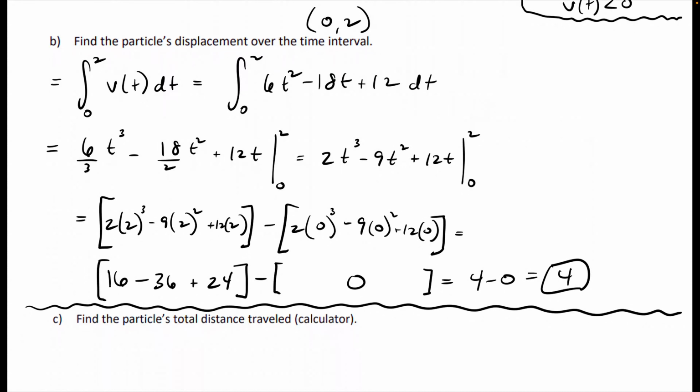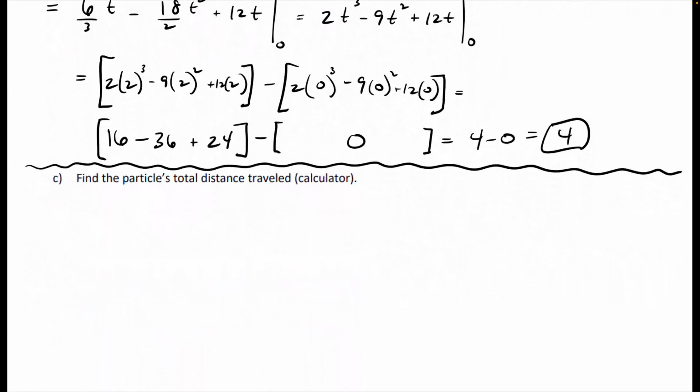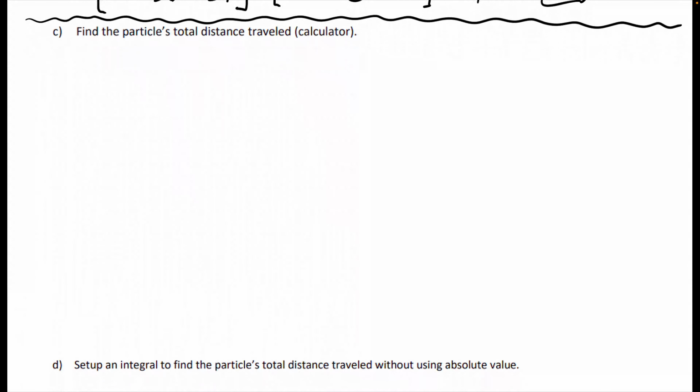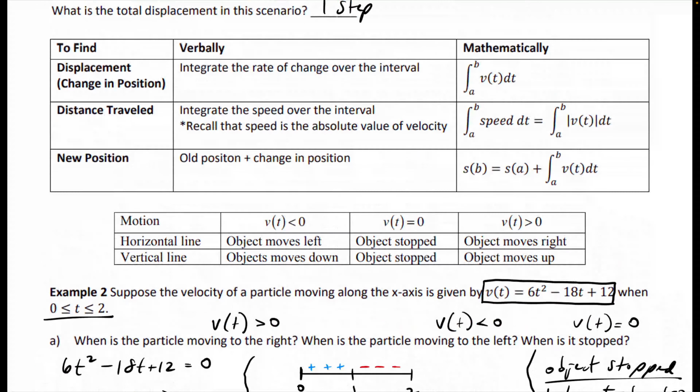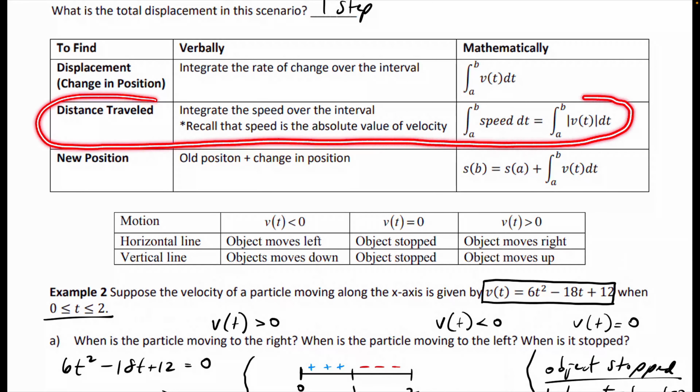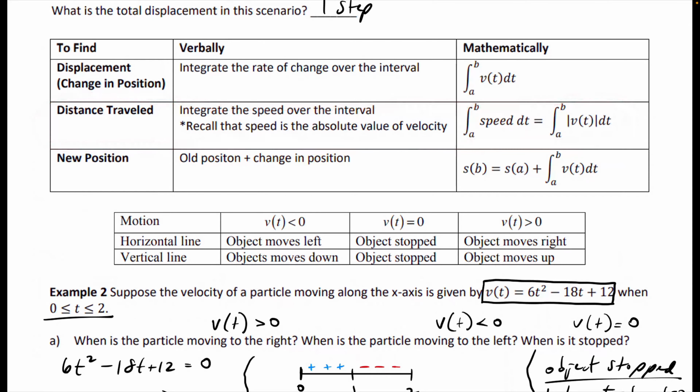Okay, so now let's find the total distance. So go back to your cheat sheet in the front. How do we find total distance? What's the mathematical way of finding total distance? Antiderivative, yep, the antiderivative of the speed, which is the absolute value of velocity.